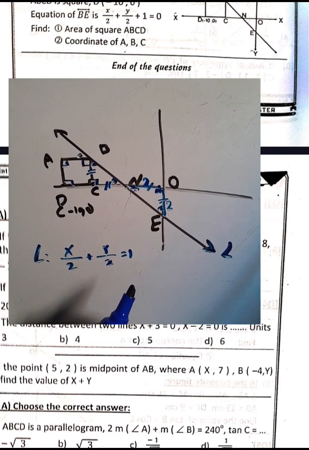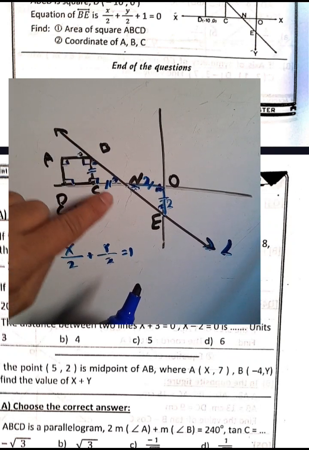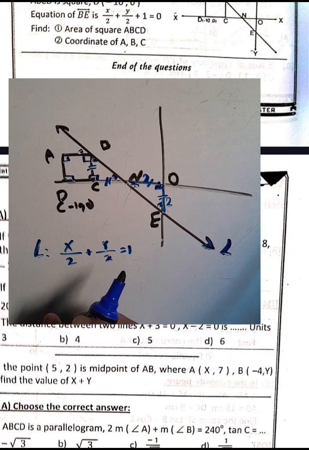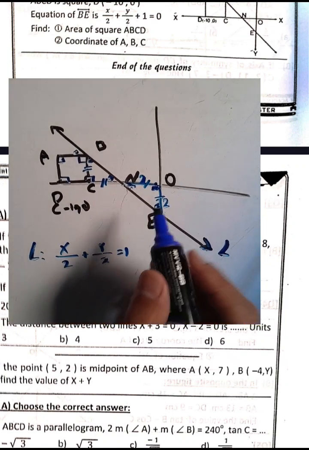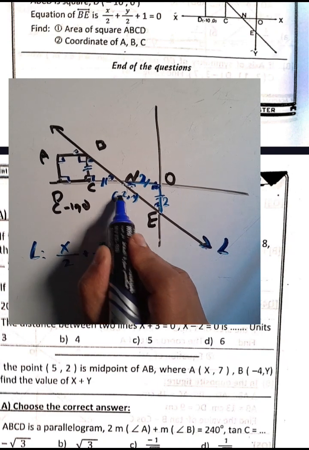And then you can write the coordinates of the point N. N's coordinates equal what? -2 and 0.